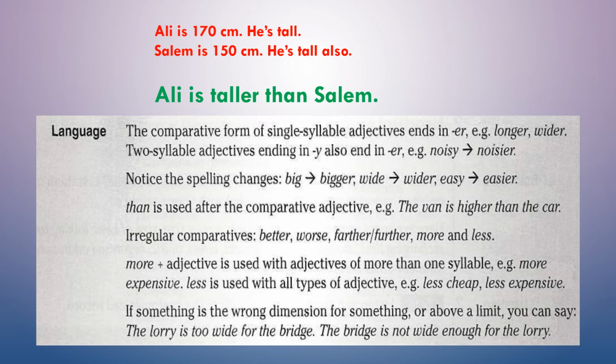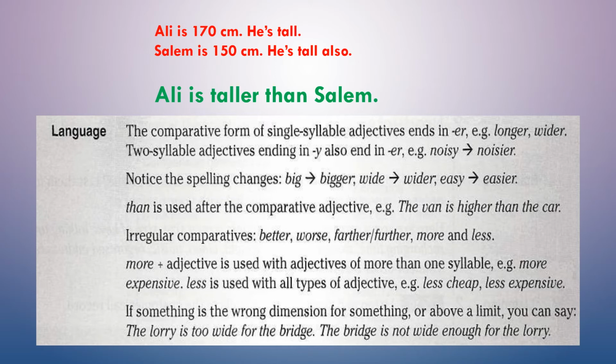Now we want to combine or to join these two sentences. We want to compare between Ali and Salim. Look here at the green sentence. I say Ali is taller than Salim. Now look at the word tall in the first two sentences. It's tall in the first sentence. It's tall in the second sentence. It's taller than in the third sentence.